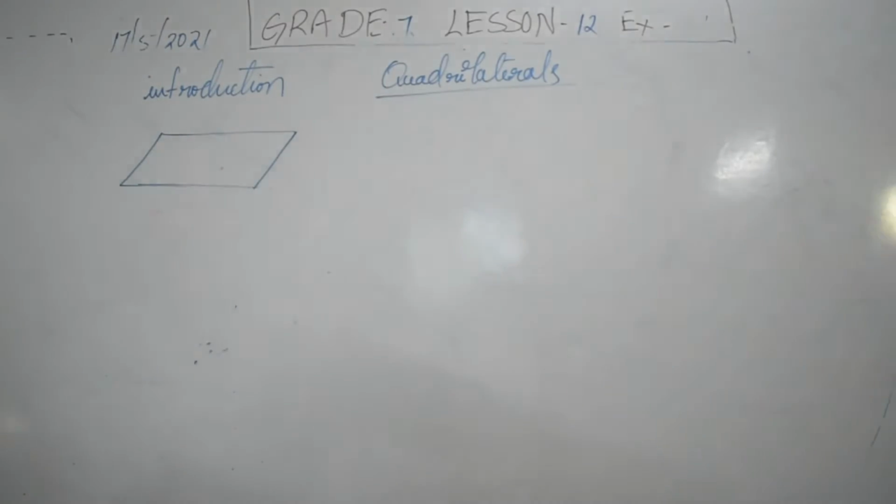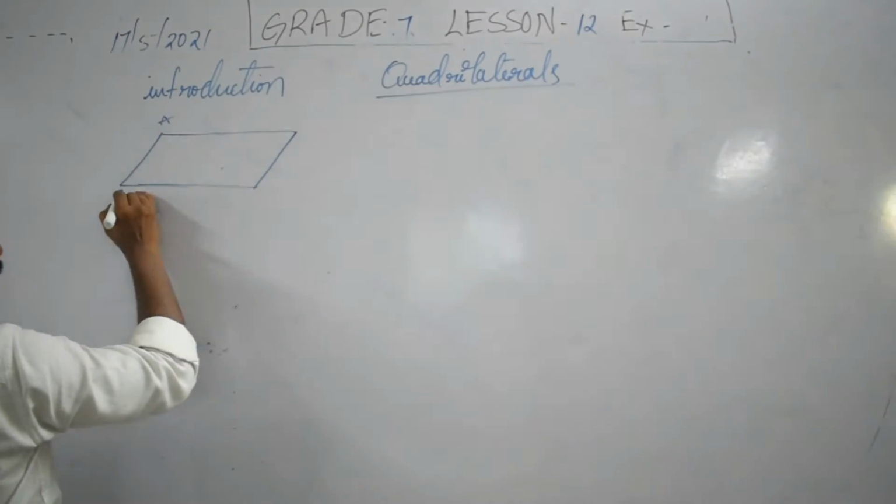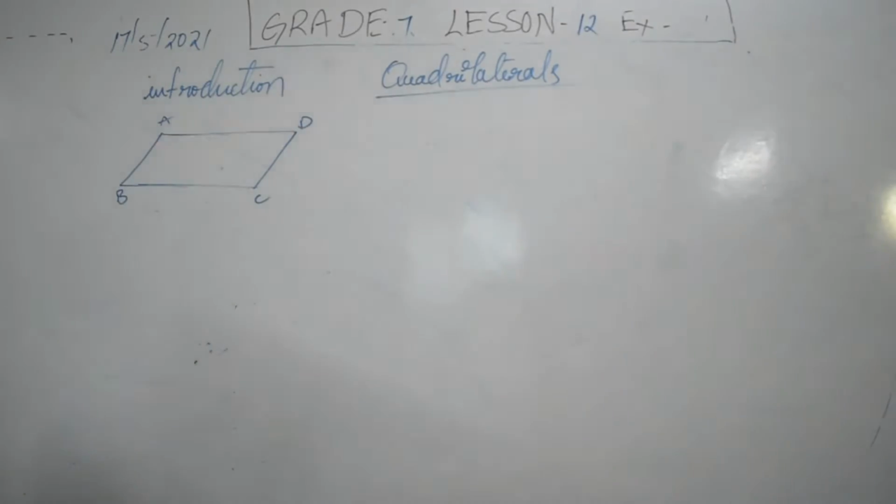Now, what is this one? This is a parallelogram. Now here see A, B, C, D. So this parallelogram has how many sides? Four sides.